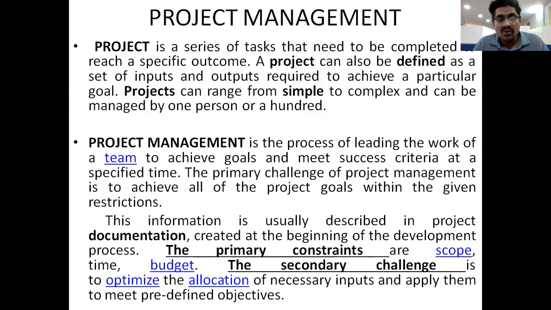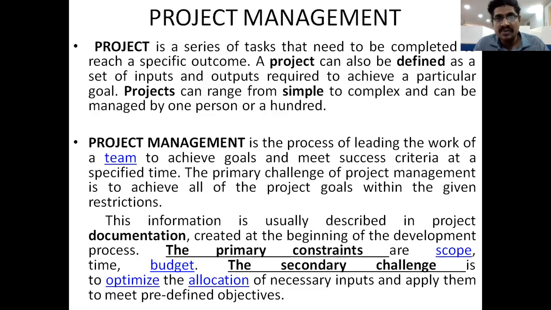So here, project means a set of tasks that need to be completed for a specific outcome. So a set of activities, set of rules and regulations, and set of future course of actions to reach the goal of the company or accomplishment of a project in a particular specific time. Those tasks and plannings come under this project.